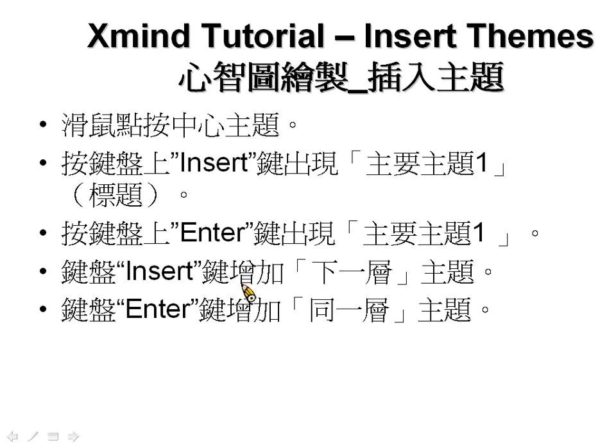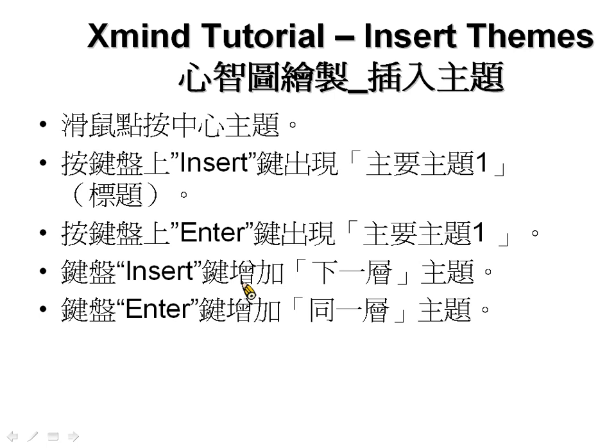And how to insert themes. Theme here, I mean not the center theme, but the subtopics or sub-themes or sub-ideas, etc. When you click the center theme and hit enter, it will show one major topic.